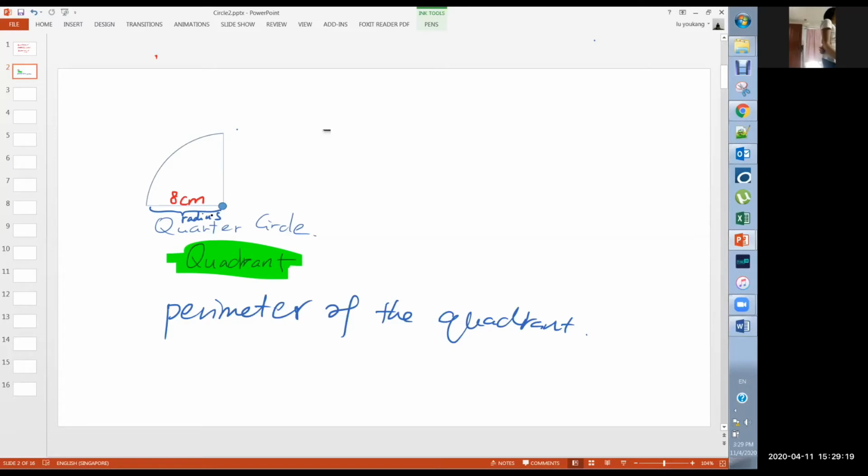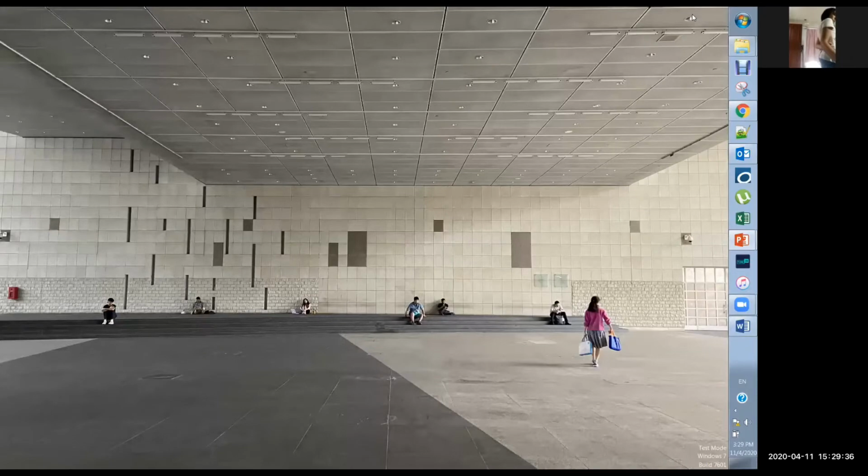Don't use your definition, use my definition. From the center of the circle, it must touch the. You see, once again, you use your definition. You cannot sit down because you forget so many times. Simple definition only.